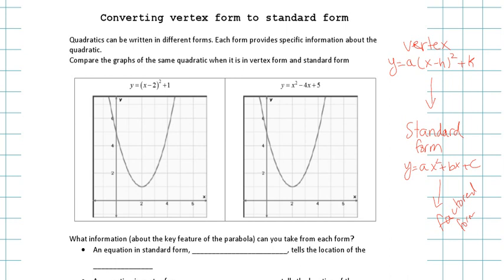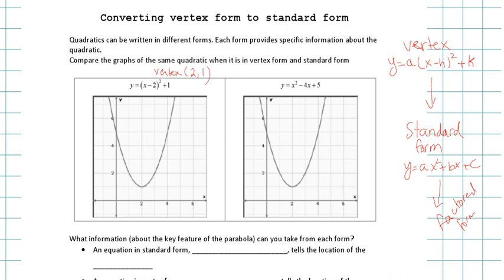Okay. Now, if I'm looking at the vertex form from the equation, what do I know right away? The vertex, which is what? 2 and 1. It's not negative. Remember, the vertex is 2, 1. Okay?